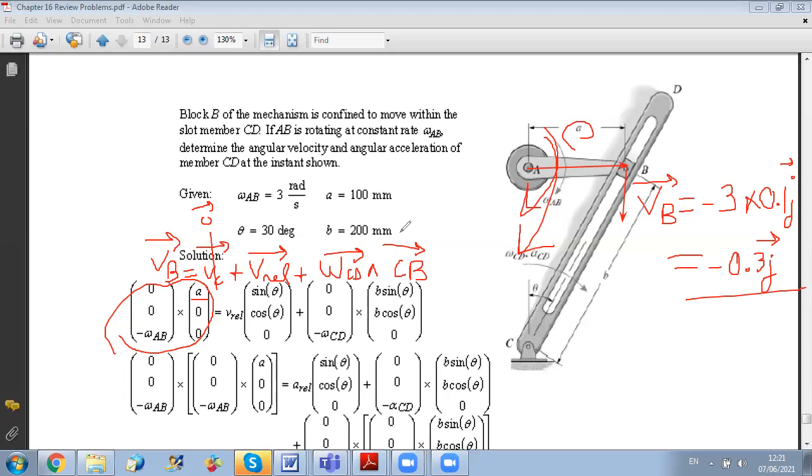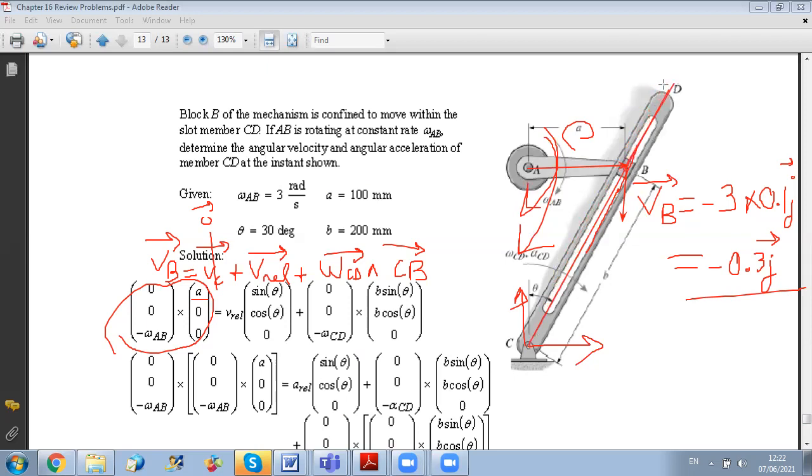Now, for V relative, they are decomposing along big I, big J. We know that B is moving relative to CD. It's doing translation, and it's moving along CD, making an angle theta. Here also they made a wrong assumption. They considered V relative up.